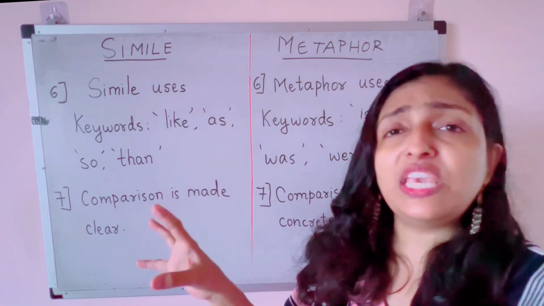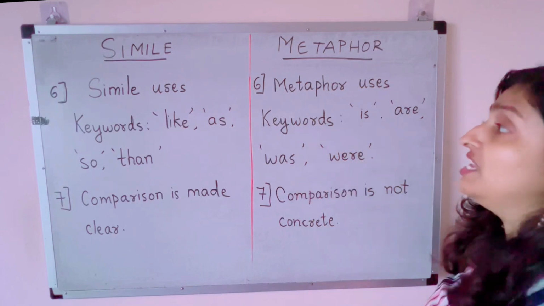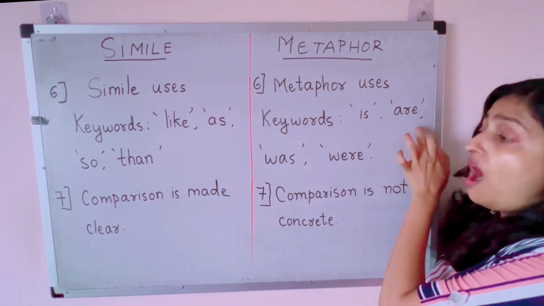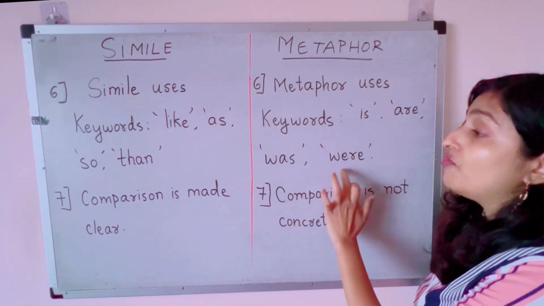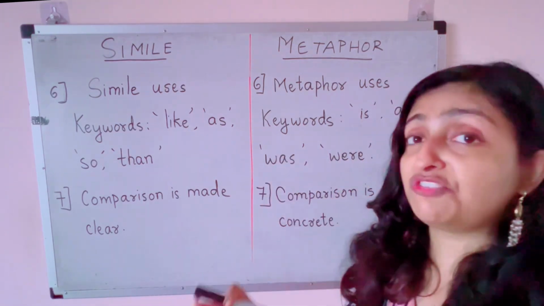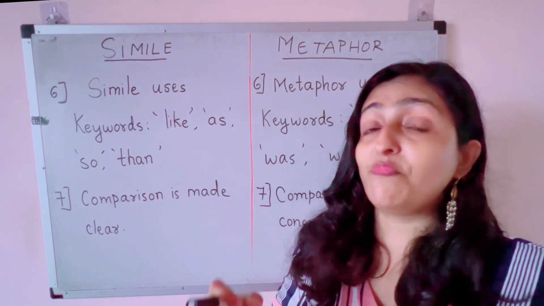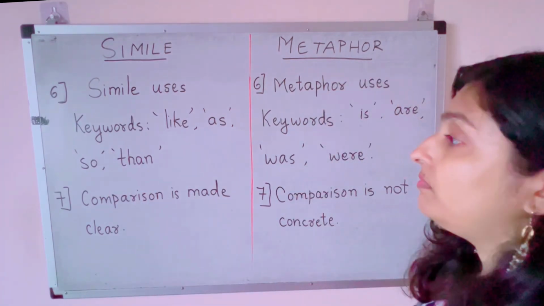Now let's see the keywords used in metaphor. Metaphor uses keywords is, are, was, were. She is a rose. She was a rose.